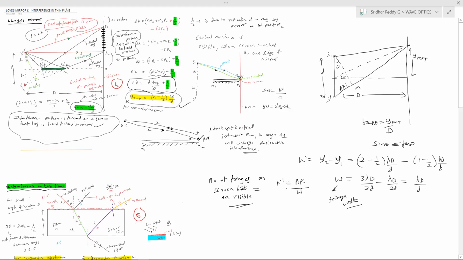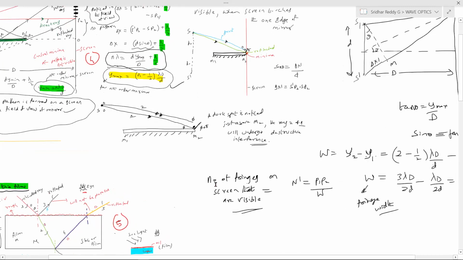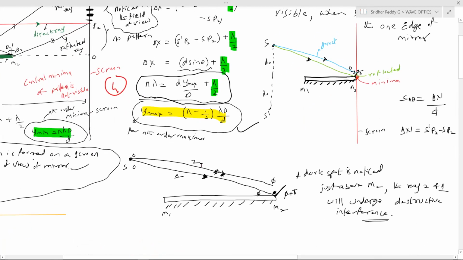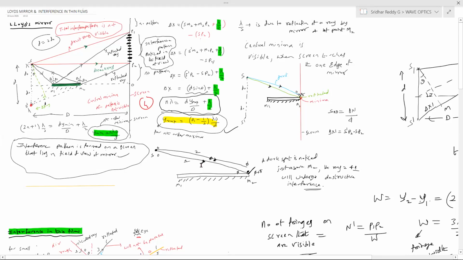Okay, that is one overall basic idea of the Lloyd's mirror. Once again, I'll show everything. So there's one setup. In the Lloyd's mirror, what do we get, central minima or central maxima? Central minima will be noticed here, not central maxima.